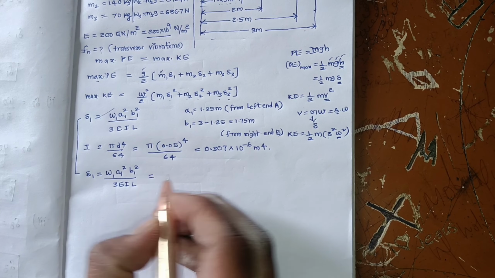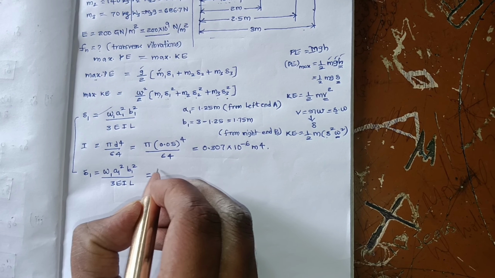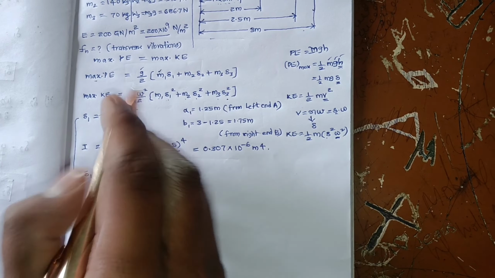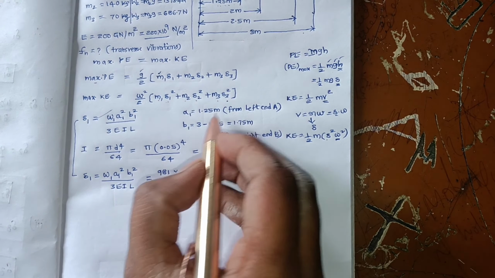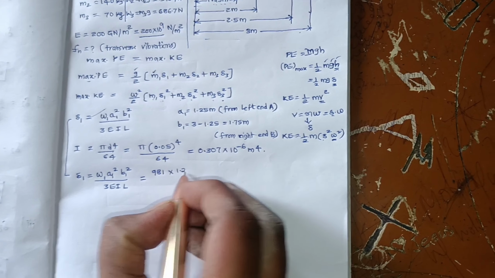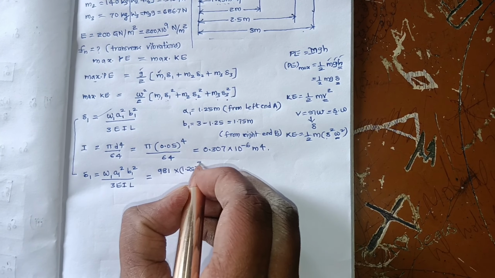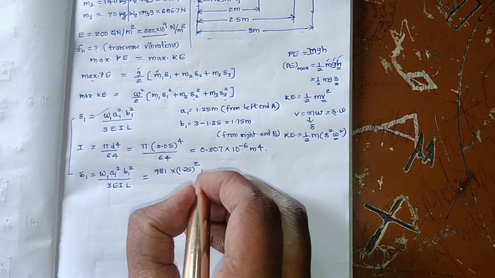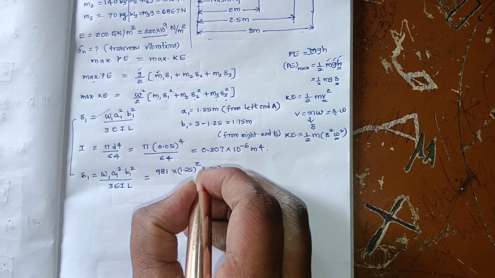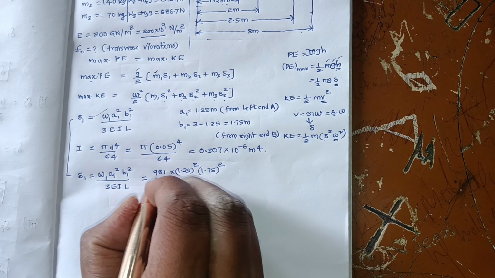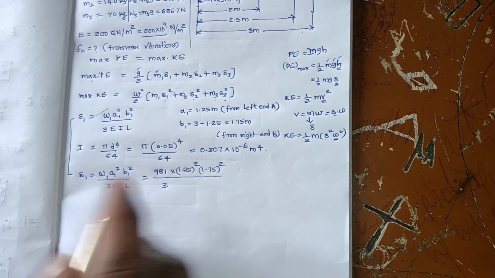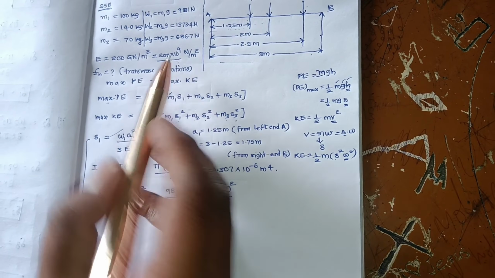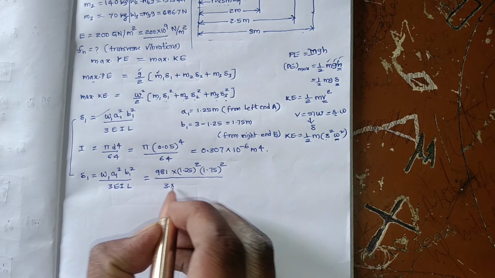From this, you have to substitute 981. W1 is 981, and A1 is 1.25. So 1.25 whole square. B1 is 1.75, 1.75 whole square, by 3 into E. What is the Young's modulus value here? 200 into 10 power 9.